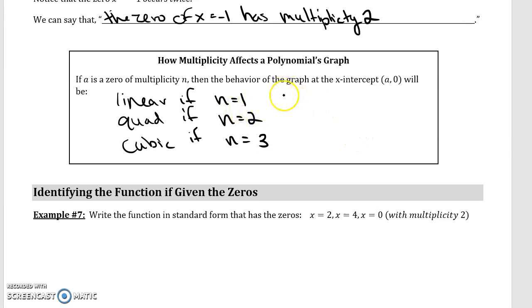So if you have an x-intercept with multiplicity 1, it's going to just go straight through. If you have multiplicity 2, it's going to be curved, it's going to go up and down like that. And for 3, it's going to be probably much more steep, or you could have it more flat, just depends on what you're doing, so something like that, okay? We can talk about that later, it'll make more sense, okay?